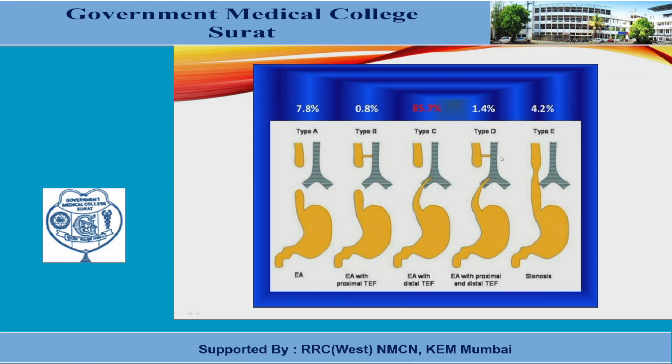In type D, two fistulas are present, both at the upper part and the distal part of the esophagus. In type E, there is stenosis of the esophagus, but there is no connection or fistula present. And type H is also present, in which both the esophagus and the respiratory tract are open, but there is a fistulous connection present, which is also known as H-type fistula.